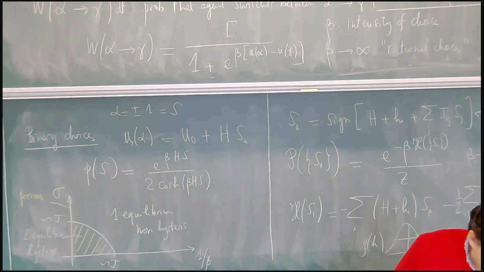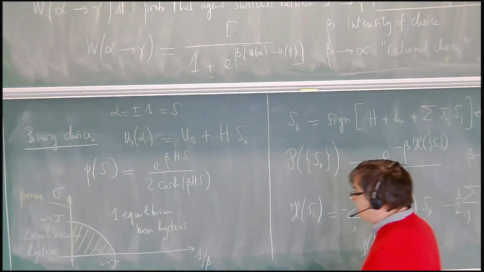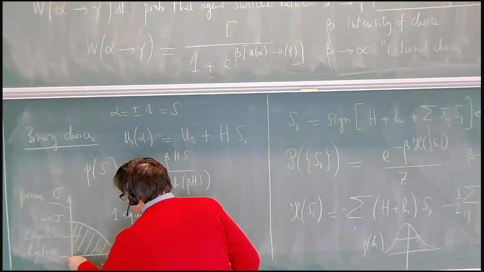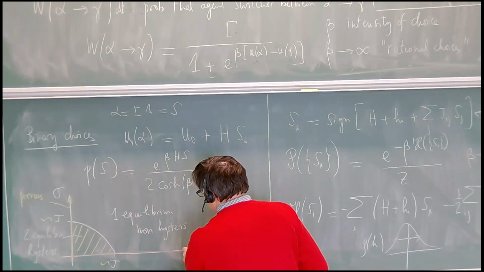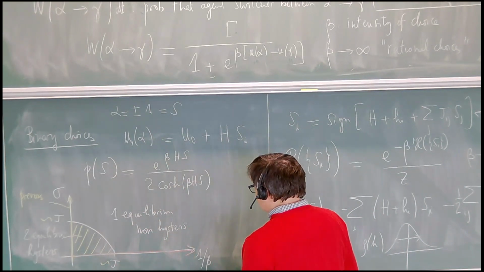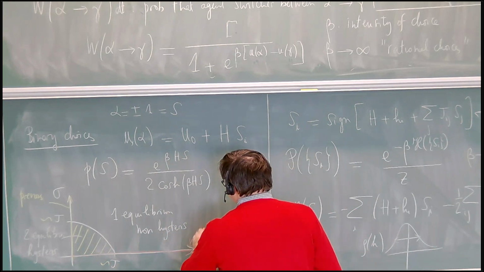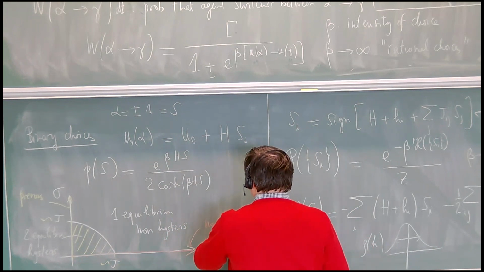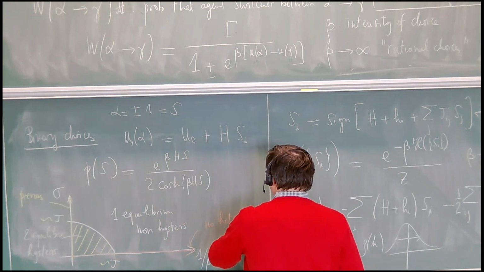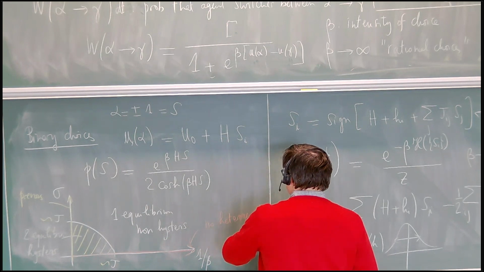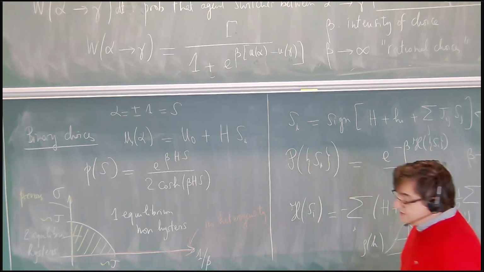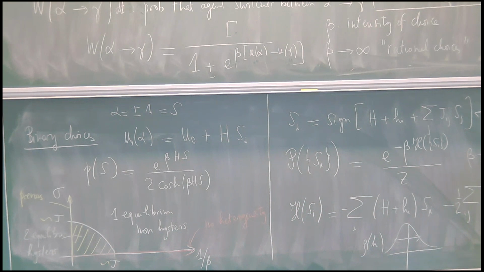But what I want to tell you about before finishing is what happens on the other line, which is this line. So this line has no heterogeneity. So everybody is the same a priori, but there is temperature.